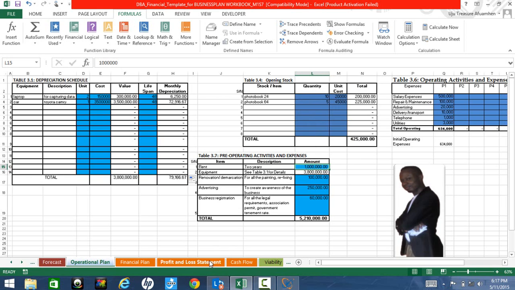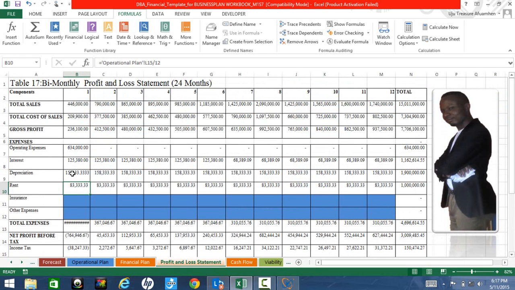Nice. So let's come back. When I click in this cell, can you see that? L15. So we're taking the value in cell L15 from our operational plan sheet and we're dividing by 12. When you do that, it generates what you were supposed to pay in a month. Remember, bi-monthly, 2 months, because we're doing the 24 months, so it just fits.